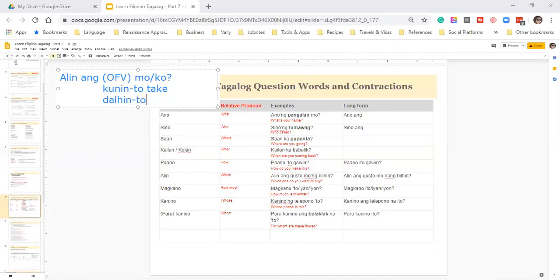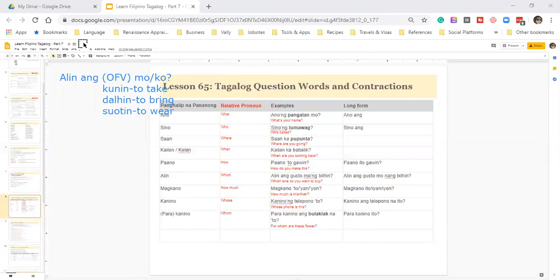The other one is to take, the other one is to bring. Okay? Next. Alin ang susuotin? Susuotin mo? Yes. Okay. Good? Any question? No. Okay, good.